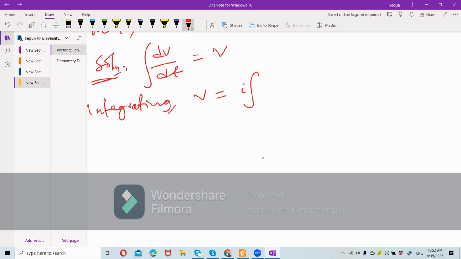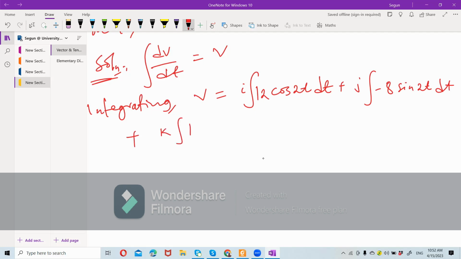Anybody, please mention it for us. 12 cos 2t dt, plus j integral of minus 8 sine 2t dt, plus k integral of 16t dt.